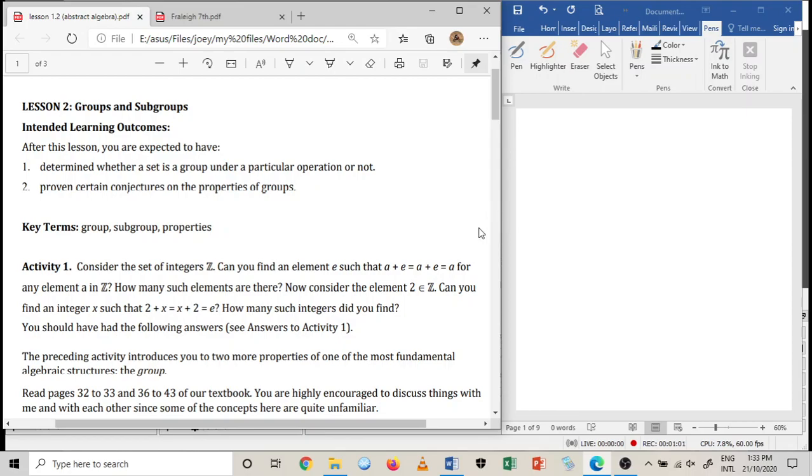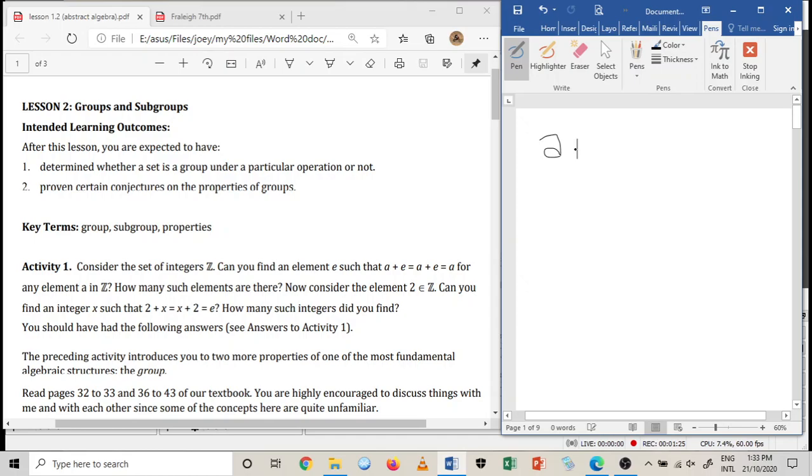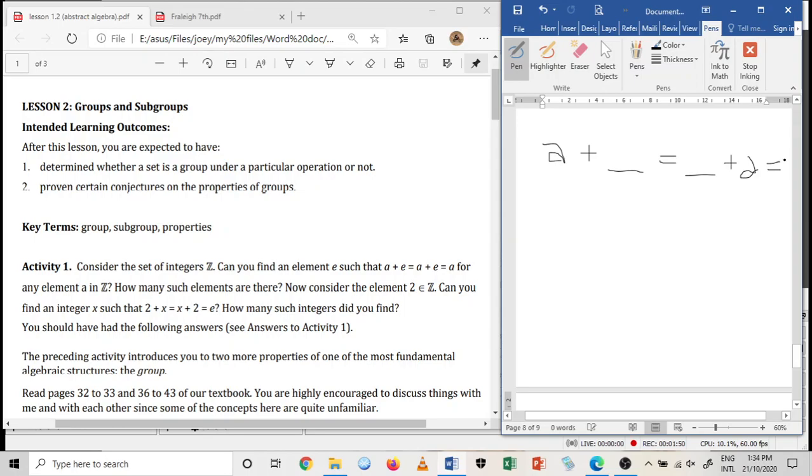In activity 1, you were asked to find an element E in the set of integers so that if you add E to any element A, the result will just be A. That is, A plus an integer, let's say blank, is equal to this same integer plus A. What is this integer so that the sum goes back to A?